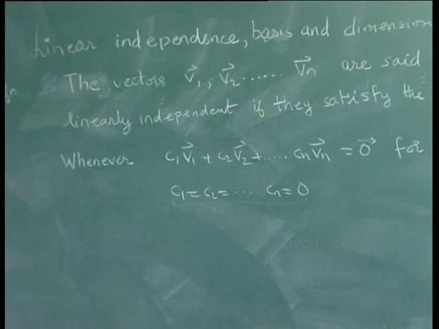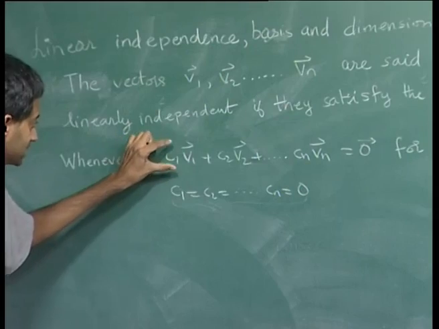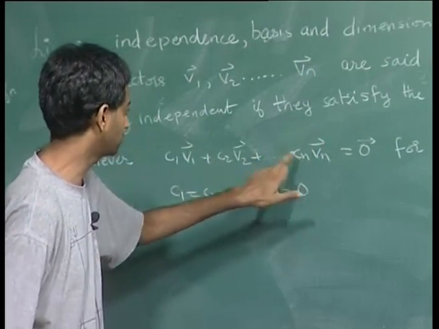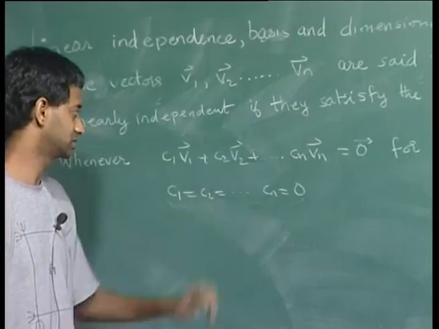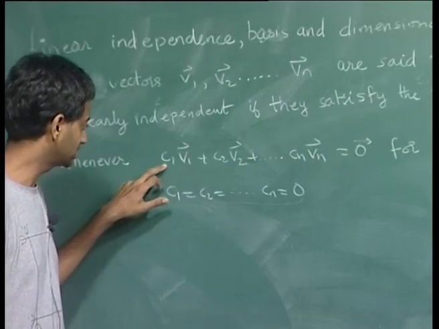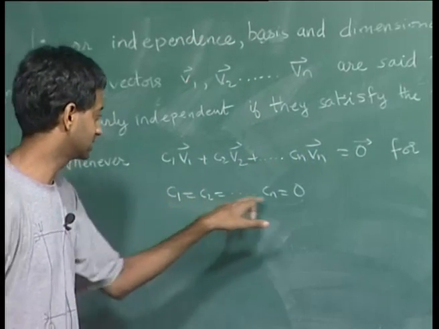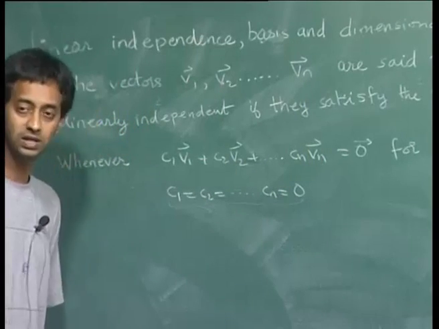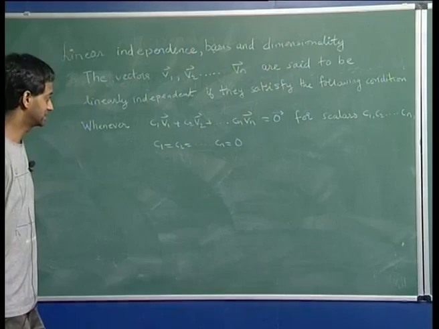Okay. So what we are saying is that you have a set of equations and you solve for all the C1s and C2s up to Cn, and if the only solution that you get is a trivial solution where all of these are 0, then these vectors are said to be linearly independent.